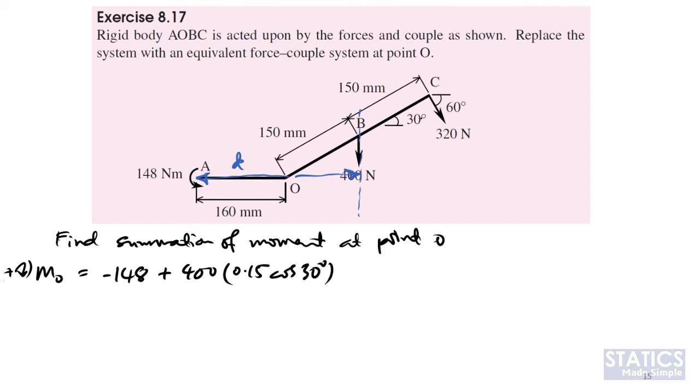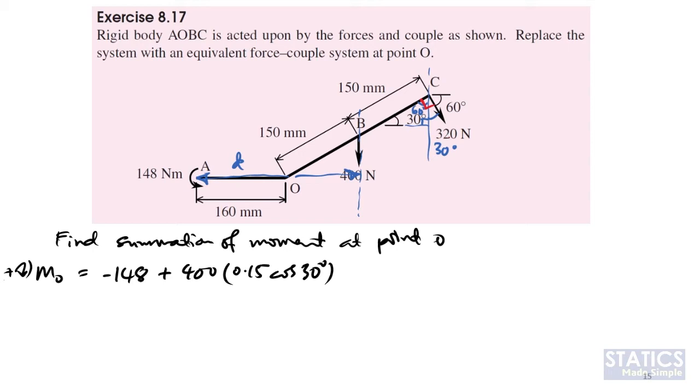And then we have the moment coming from this 320 Newton force. If we look at the angles given, yes, 60 degrees. This is the horizontal axis, this is the vertical axis, so the angle here must be 30 degrees. If it is 30 degrees here, the angle here is 90 degrees, and the angle here is 60 degrees. So 60 plus 30 means you will have a right angle, obviously 90 degrees.